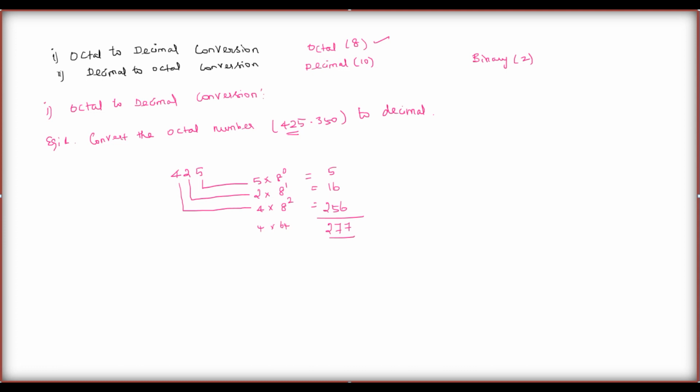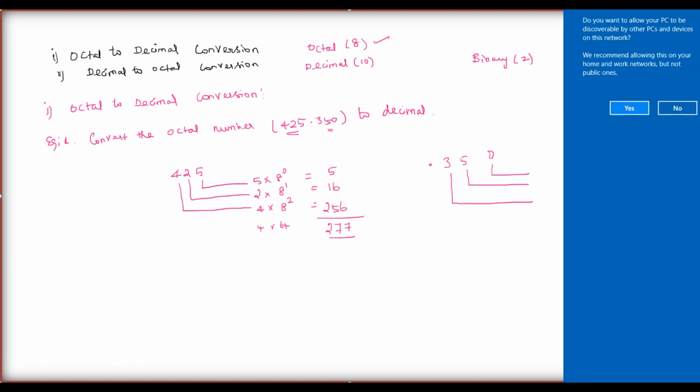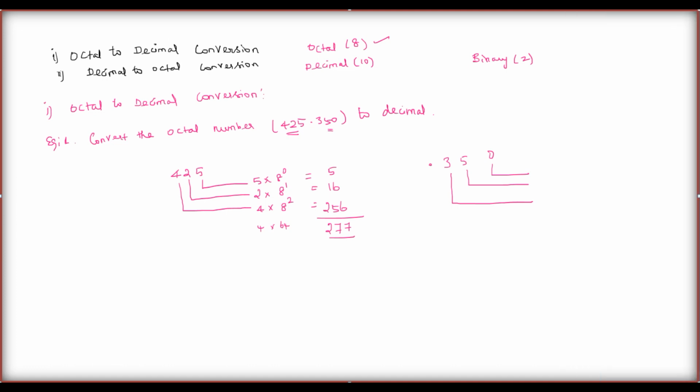Next we solve this one, 0.350. The same way as in binary to decimal, where we multiply with 2 power of 0 1 2 3, here we multiply with 8 power of 0 1 2 3.